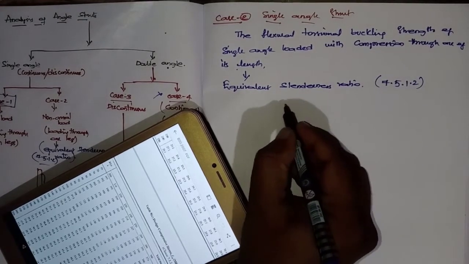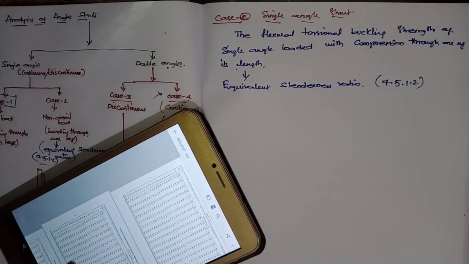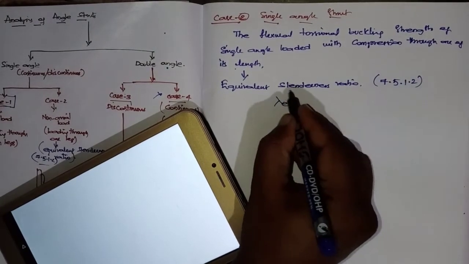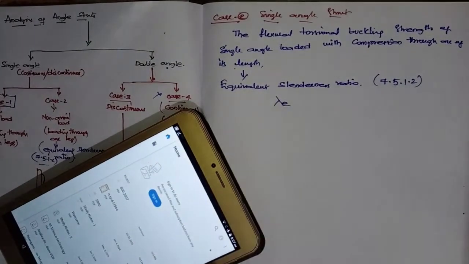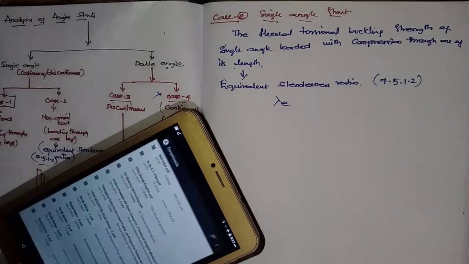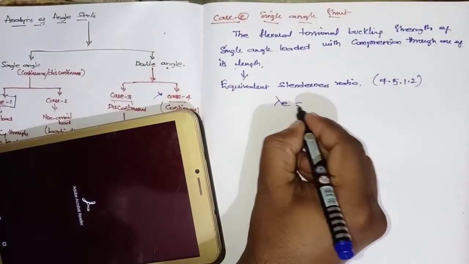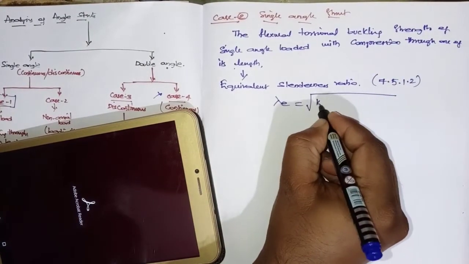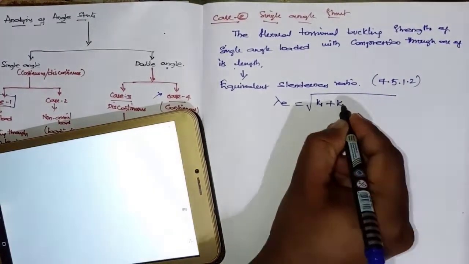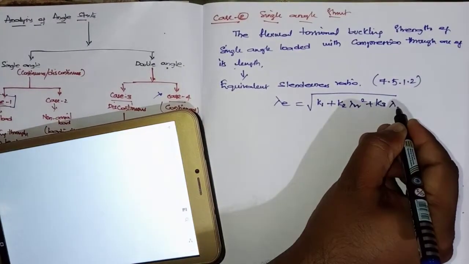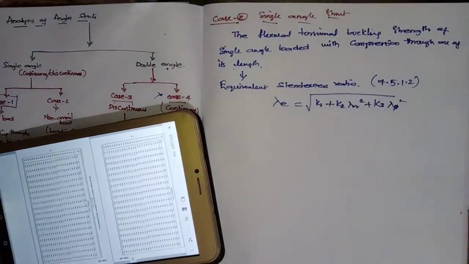Meanwhile, I will write it is denoted by lambda E. Slenderness ratio means lambda, equivalent means lambda E, which equals under root of K1 plus K2 into lambda Vb square plus K3 into lambda phi square.